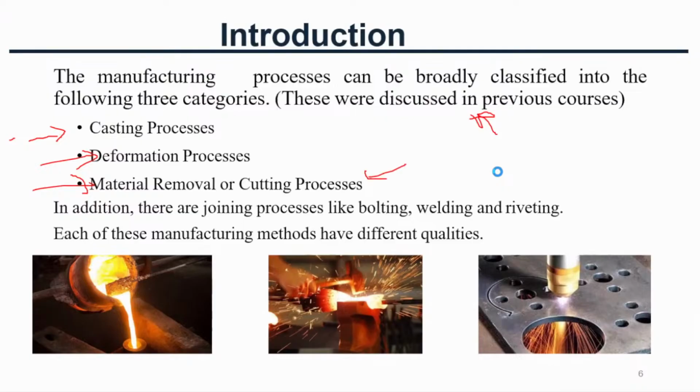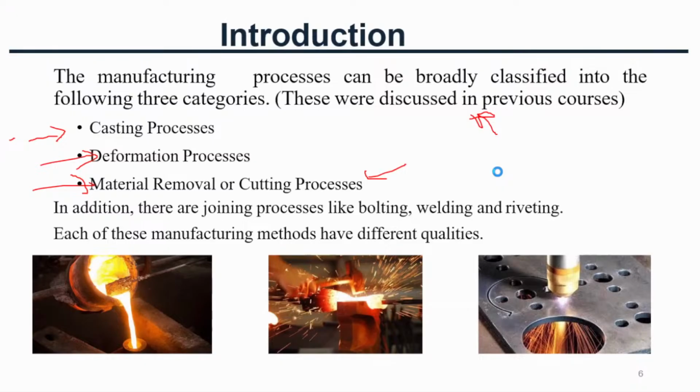This is about our machining process. Under material removal and cutting process we can do turning operations, milling operations, drilling, likewise different types of operations. Then we can achieve our final shape.